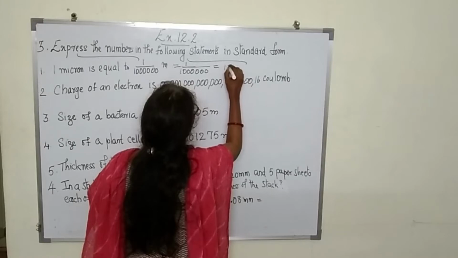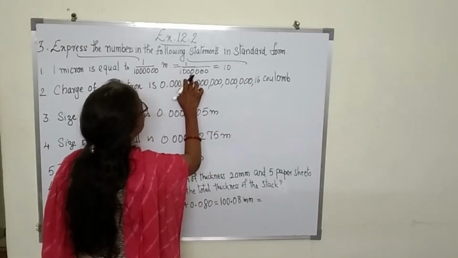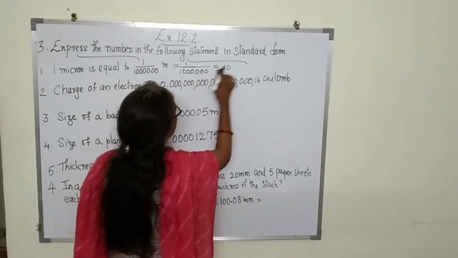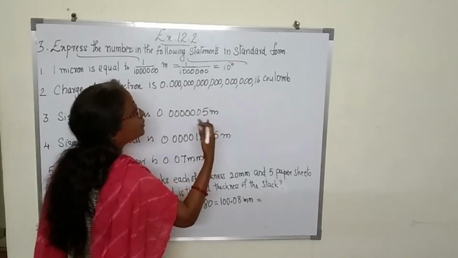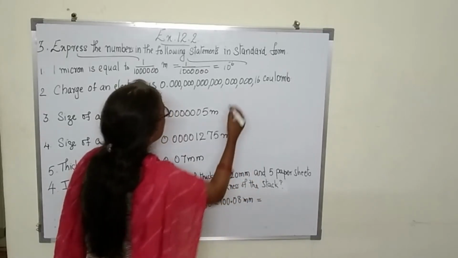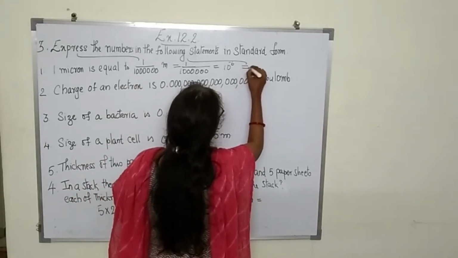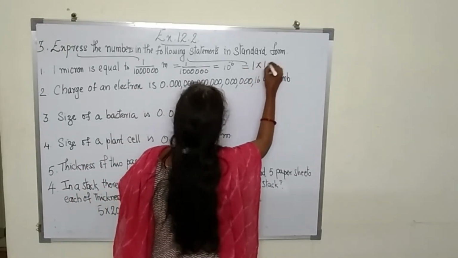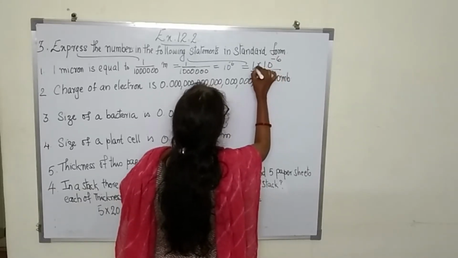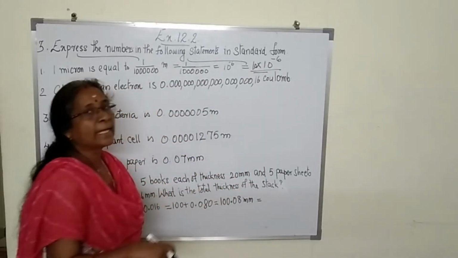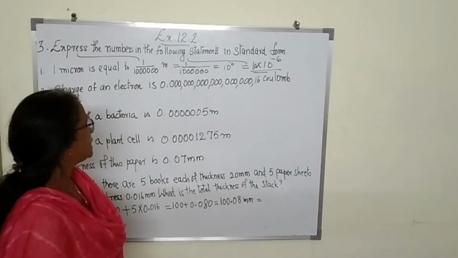It is equal to 10 raised to minus 6. There is no other number, so to write in standard form, we write 1 into 10 raised to minus 6. Or you can write 1.0 into 10 raised to minus 6.